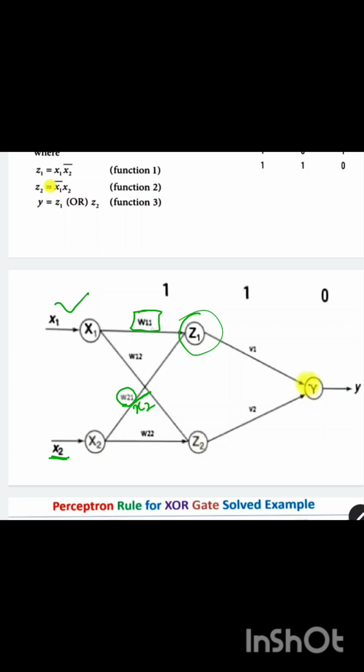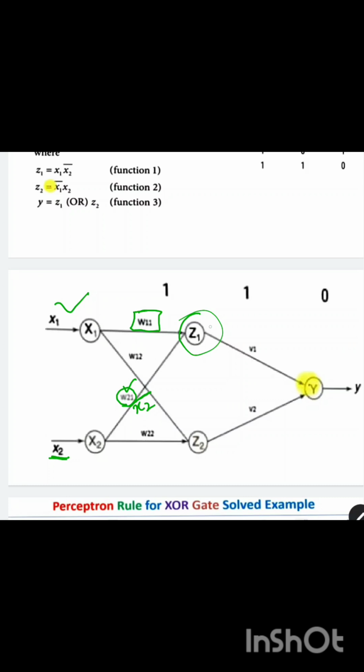So W11 means weight of Z1, weight 1 of Z1, and W21 means weight 2 of Z1. So this is the weight 1 of first input, which is x1, and this is weight 1 of second input, which is x2 bar.